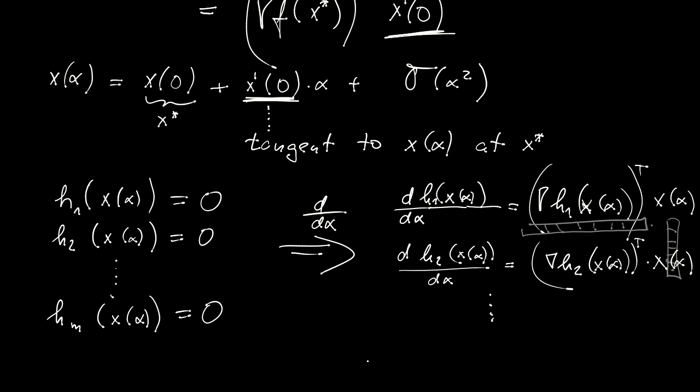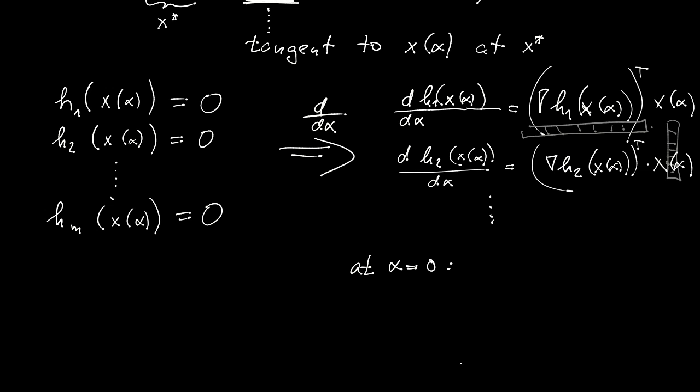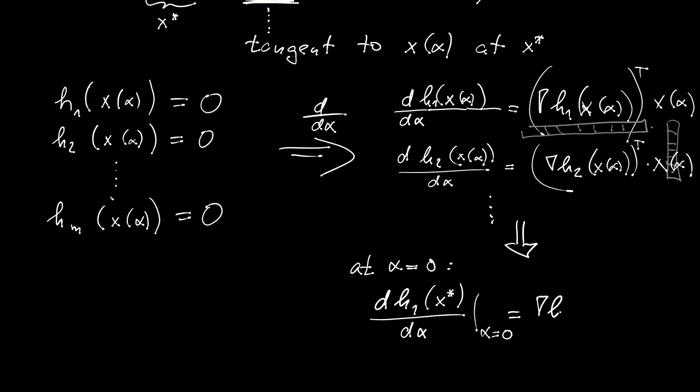Now, if I evaluate these at alpha equal to 0, what I get is the derivative of h1 of x of alpha with respect to alpha evaluated at alpha 0 is equal to the gradient of h1 at x star transposed times x prime 0.